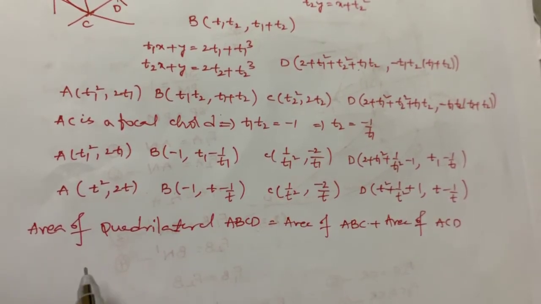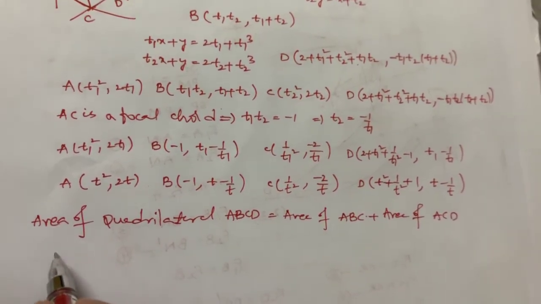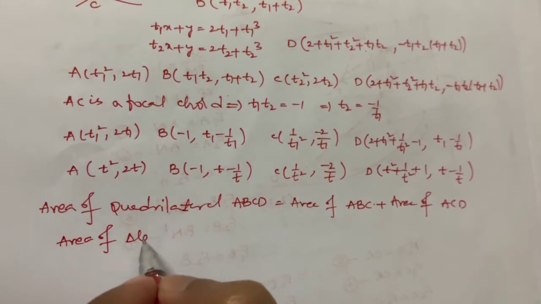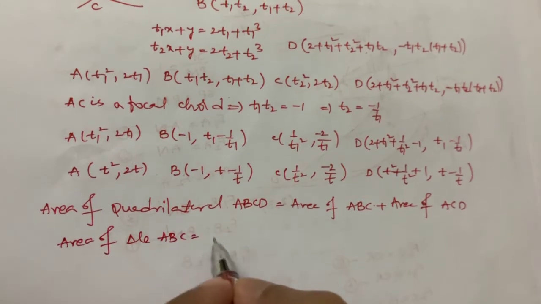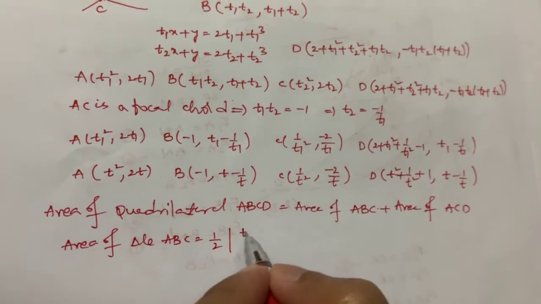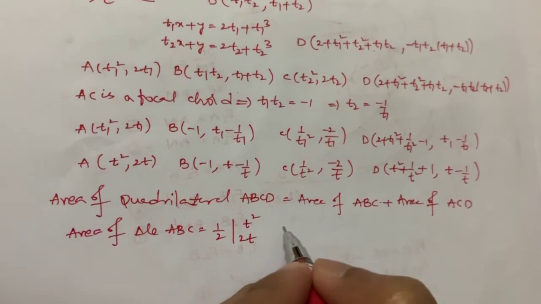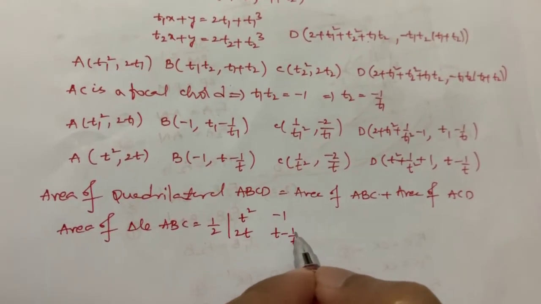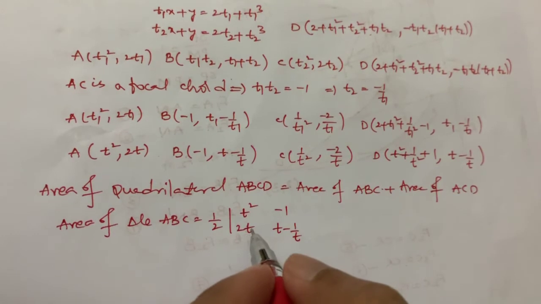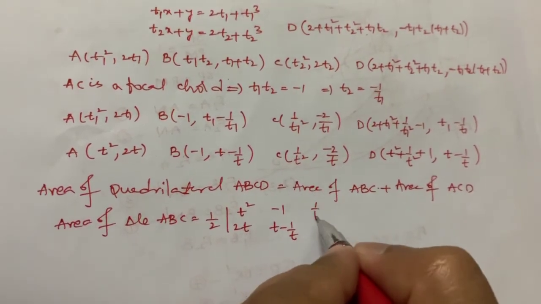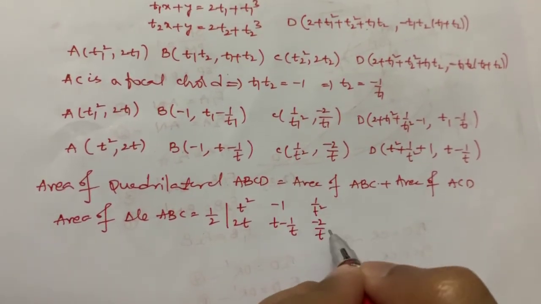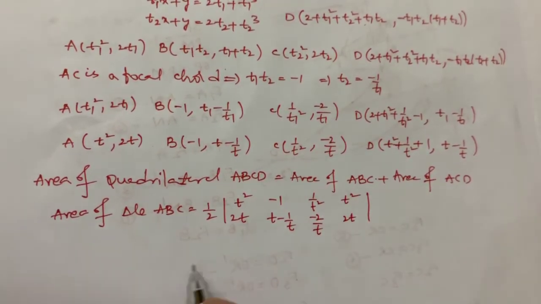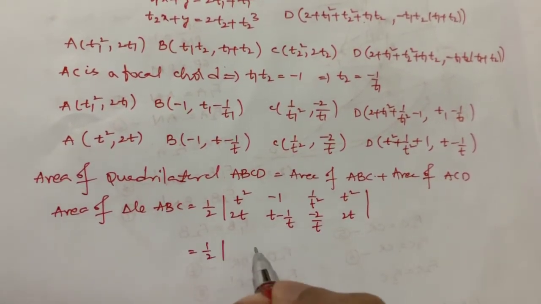So area of triangle ABC is equal to half mod of the determinant with rows t square, 2t, 1; minus 1, t minus 1 by t, 1; 1 by t square, minus 2 by t, 1.